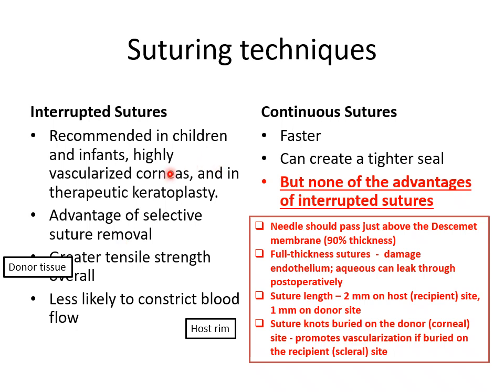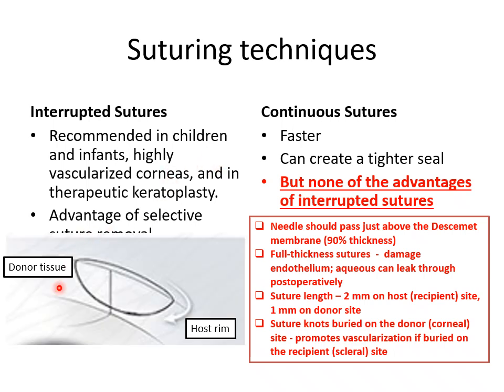Now, when you are suturing, look at this picture. This is the donor tissue and this is the host tissue. So the needle should pass just above the Descemet membrane, that is around 90% thickness. This is the outside, this is the anterior chamber. So you see 90% thickness of the cornea, the suture bite is taken. Why do we not take a full thickness suture in this way?